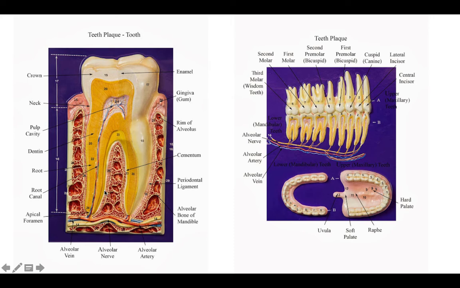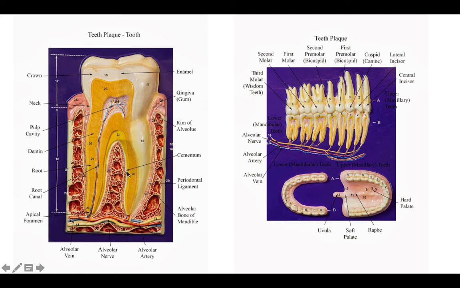So that's all the cementum. And that cementum is going to be an adhesive that connects the dentin to the periodontal ligament. So here, this cementum right here is going to connect the dentin here to the periodontal ligament. So that's what the cementum does.